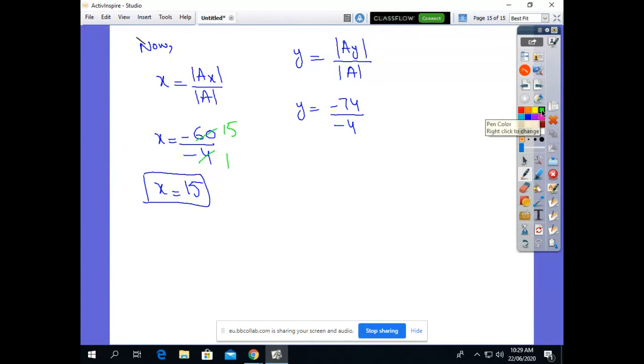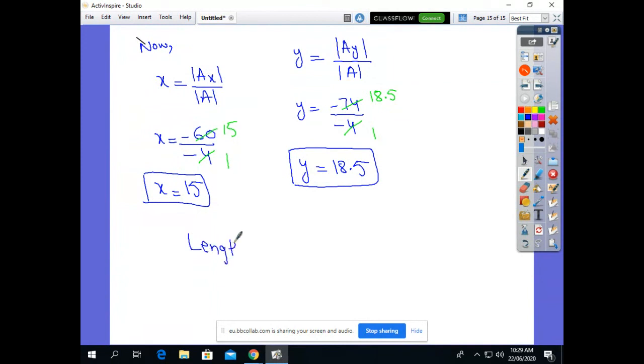After cancellation, the negative sign is cancelled with the negative sign, and 74 divided by 4 becomes 18.5. That is, y becomes 18.5. Therefore, the length of the rectangle is 18.5 and its width is 15. That is the required solution.